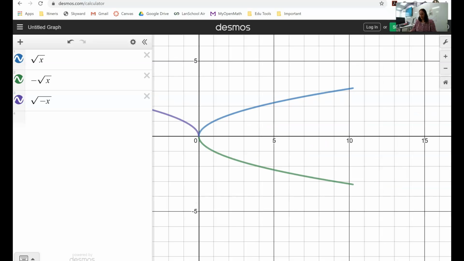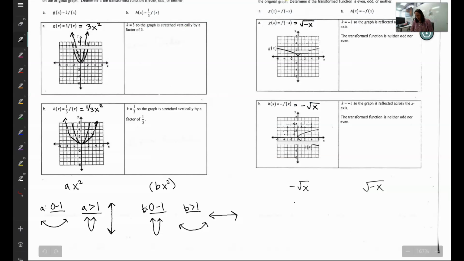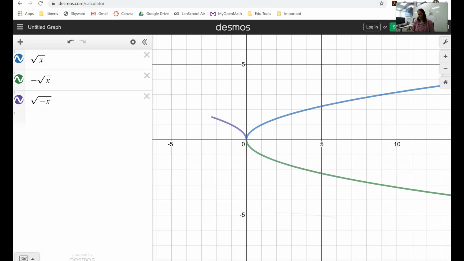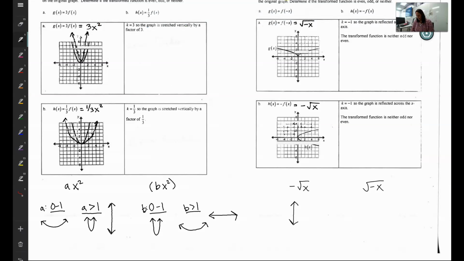So if I compare the blue and the green one, looks like this is reflecting it up and down across the x-axis. So if my negative is outside, then it's reflecting up and down. If negative is inside, that's the blue and the purple, now it's reflecting it side to side, or across the y-axis.